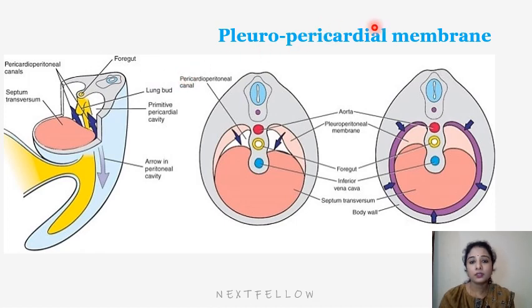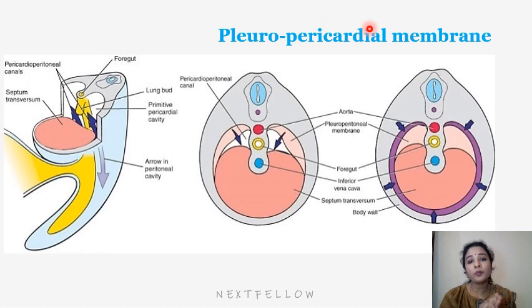These are filled with the membranes called pleuro-pericardial membranes. Each pleuro-pericardial canal lies lateral to the primitive gut, dorsal to the septum transversum, and these partitions contain the common cardinal veins, which drain from the body wall of the embryo into the sinus venosus, the venous end of the heart tube.